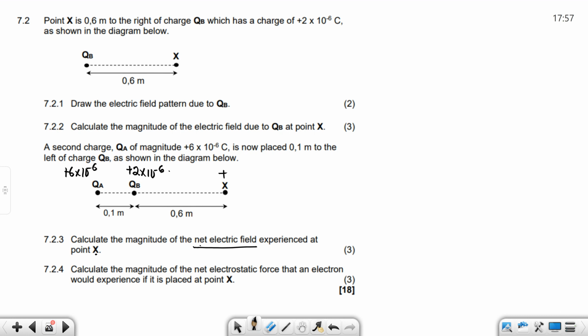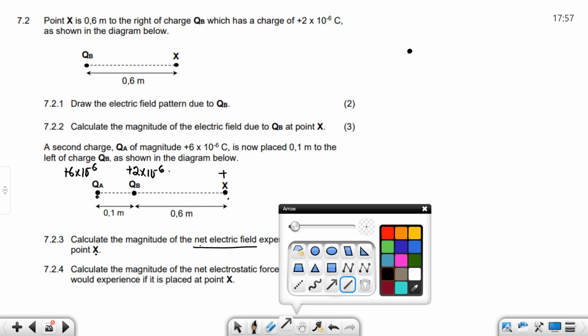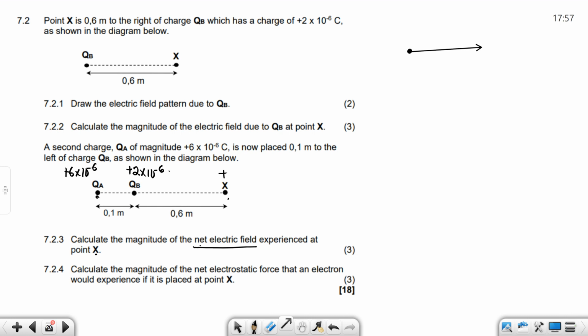Now, this is what you do, guys. I'm going to draw a free body diagram at X. And I'm going to take them one by one. A and X. What do you notice? A is positive. X is positive. They are going to what? Repel. Let's push it up a little bit. They are going to repel.